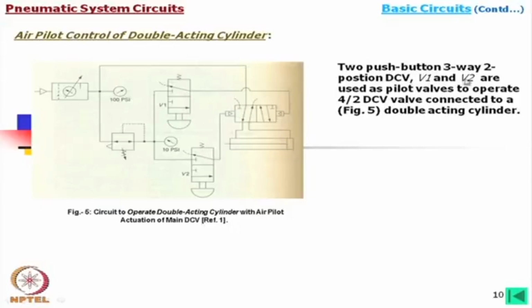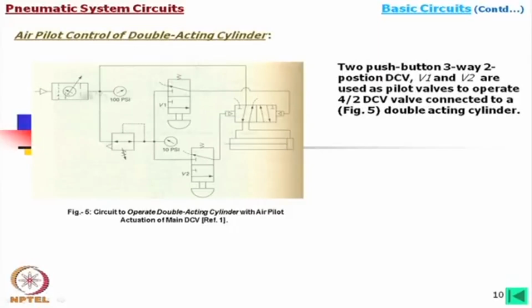Now, this pilot valve is named V1 and V2, and it is again a 3/2 directional control valve. But if we think of the pressure, the main system is working with one pressure and this system is working with another pressure. So, we need a pressure regulator valve.